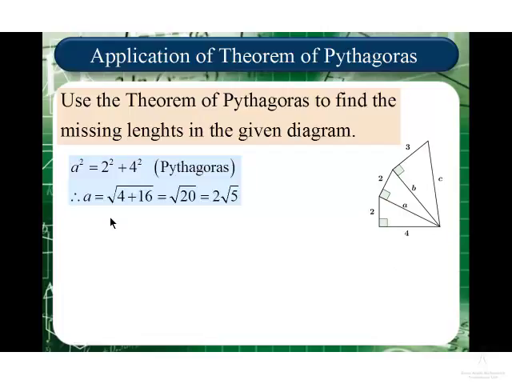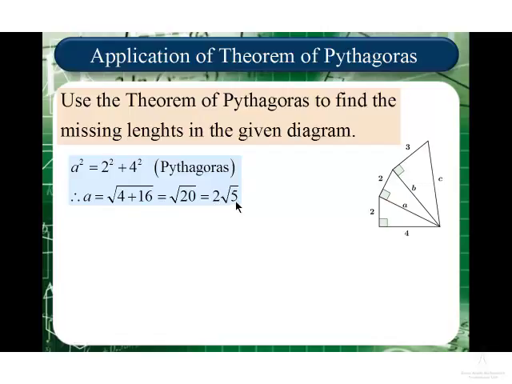So here we go. First of all, since we have a right triangle at the bottom here, we know that the theorem of Pythagoras means that 4 squared plus 2 squared will be A squared. If we rearrange and make A the subject of the formula, just take the square root of both sides, we have that A in fact is 2 times the square root of 5.